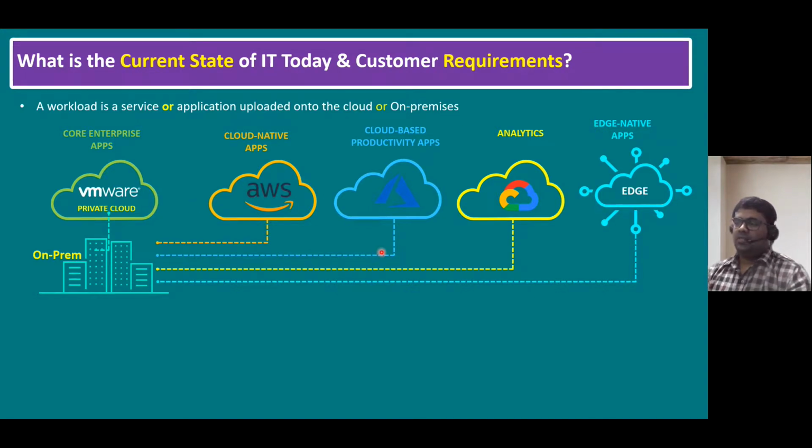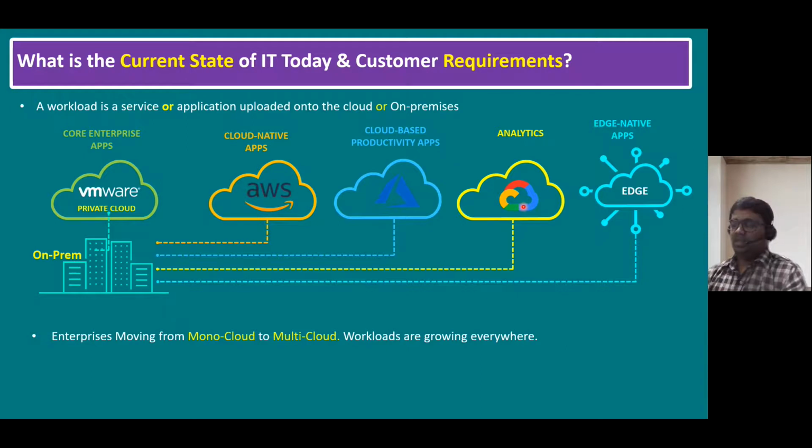Now the key point is that enterprises are moving from mono cloud, that means a single cloud, to multi-cloud, and workloads are growing everywhere. It can be on premises, private cloud, or any of the public clouds. The most popular are AWS, Azure, and Google Cloud.